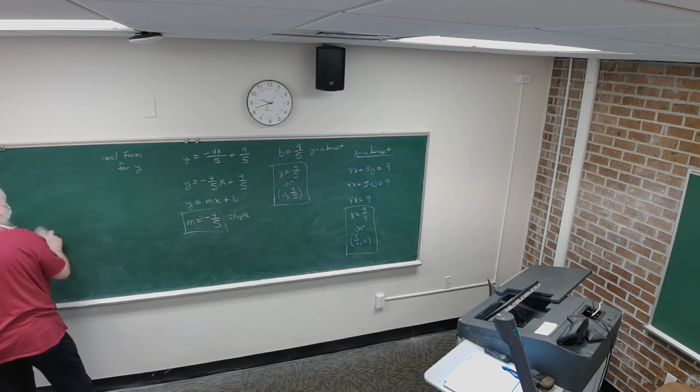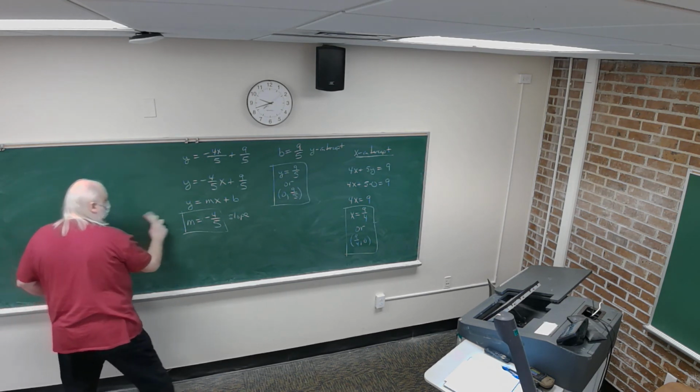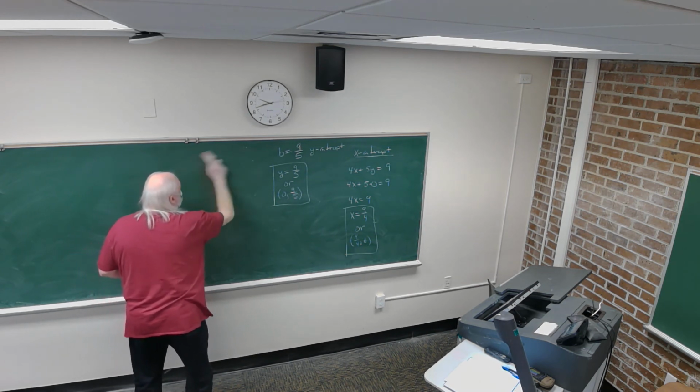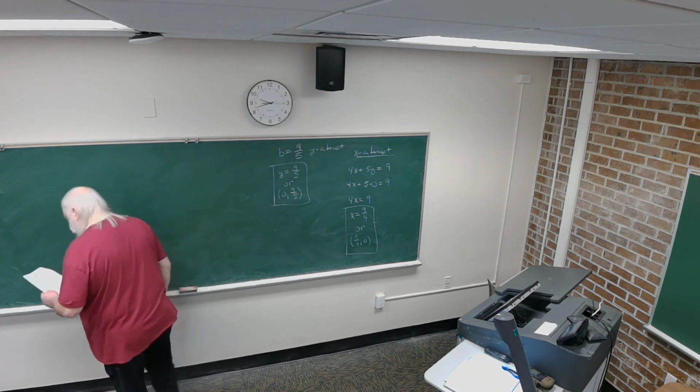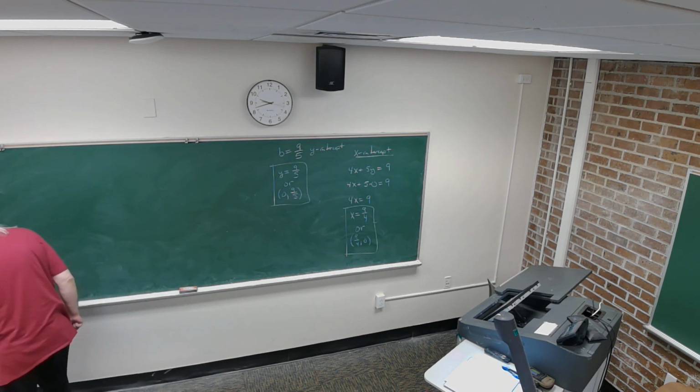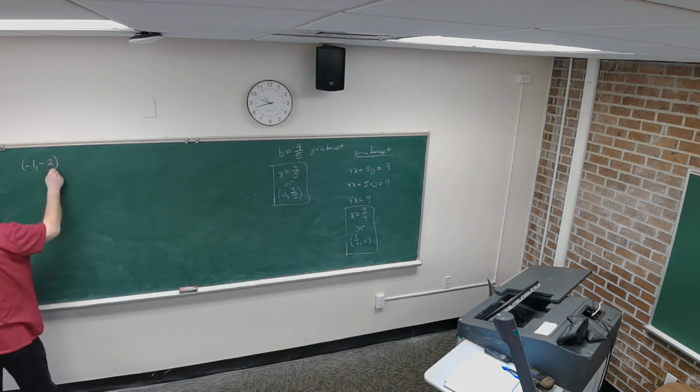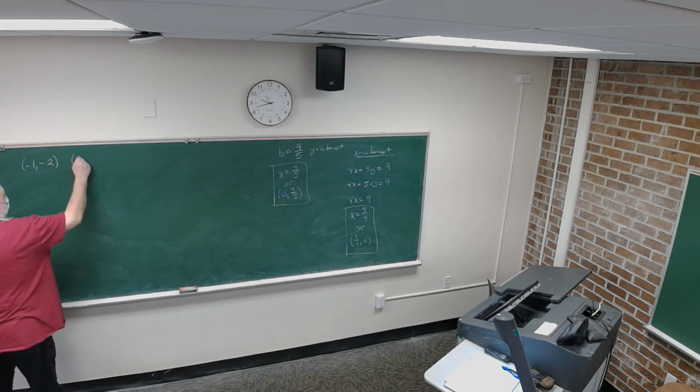So we're given what form we have to write the answer in. Point-slope. Yeah, point-slope. So the line passes through the points (-1, -2) and (2, 5).